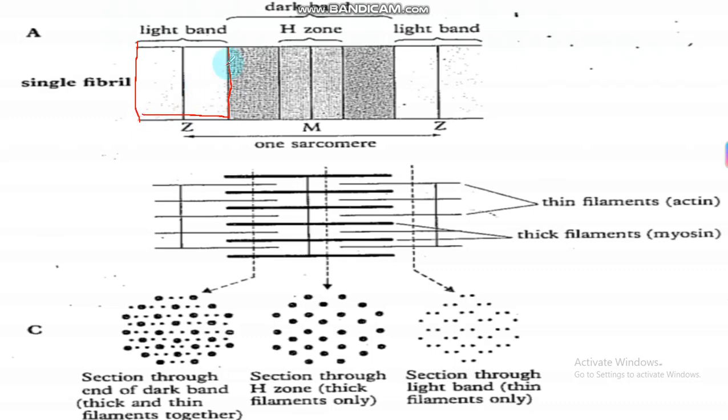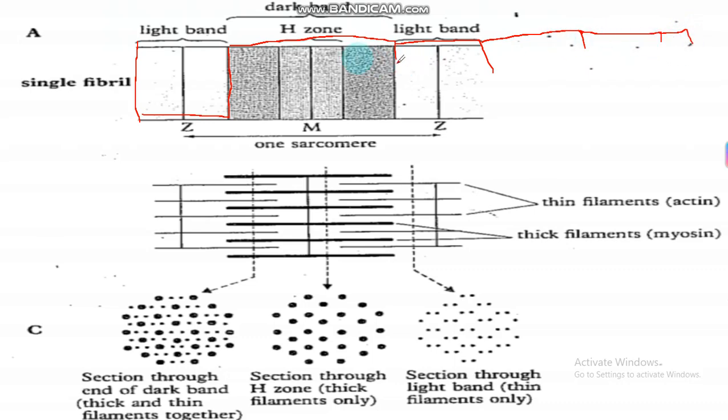And then from this point up to this point, this one here is the dark band because it appears dark. Then after that, there is another light band. What do you expect after this light band? We expect a dark band. After the dark band, we expect a light band. After the light band, dark band, etc., like that.